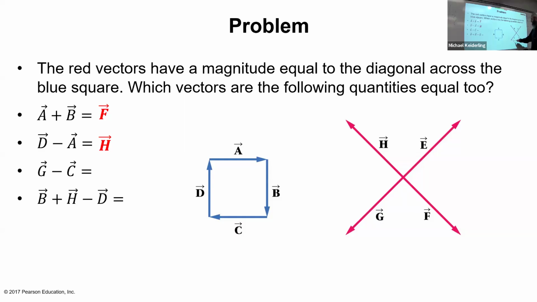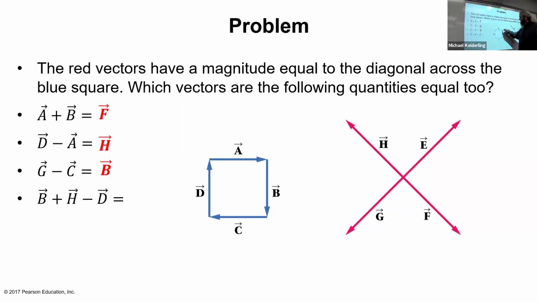That's minus C. And this going straight down is G minus C, which is B. And then lastly, we have B plus H minus D. That is also correct.